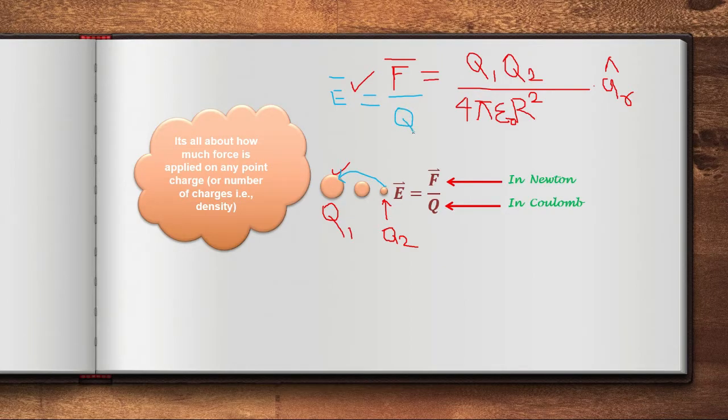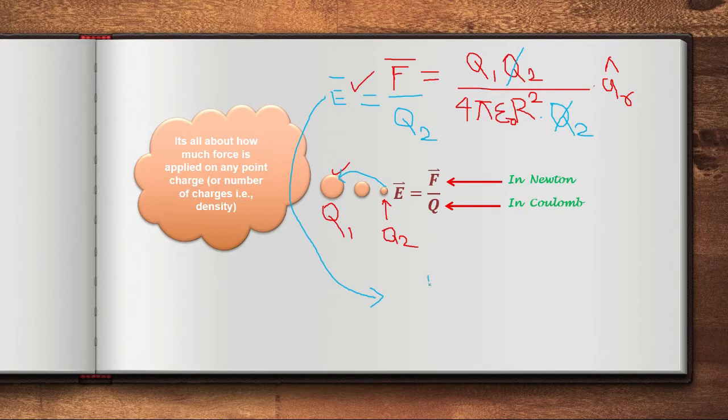If we want to calculate force per charge Q2, we have to add one more Q2 on the right-hand side. In the force formula we are writing this Q1, and we want force per Q2, so this Q2 will get cancelled. So what will be the remaining formula for electric field intensity?